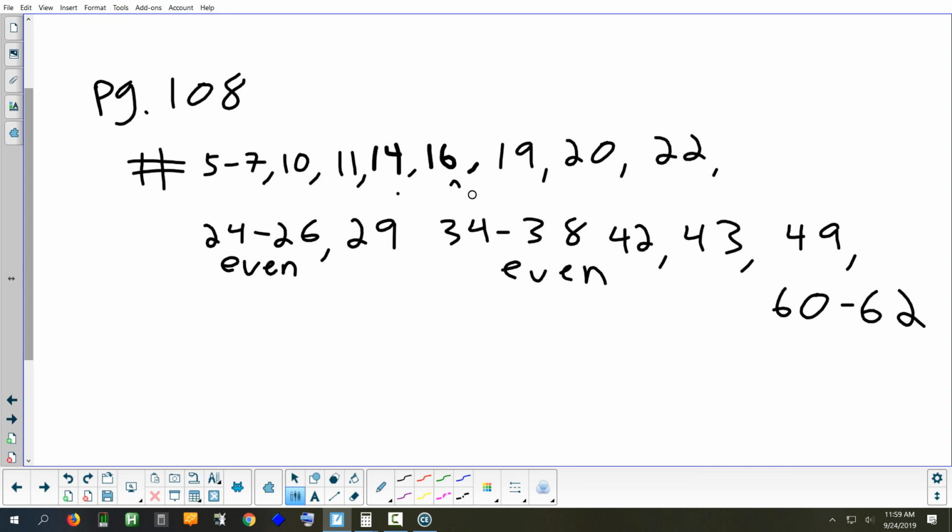Probably would be simpler. 14, 16. 19, 20, 22. 24 and 26, just the evens, 24, 26. And then 29, 34 to 38, just the evens, 42, 43, 49. And 60 to 62, just the evens there.